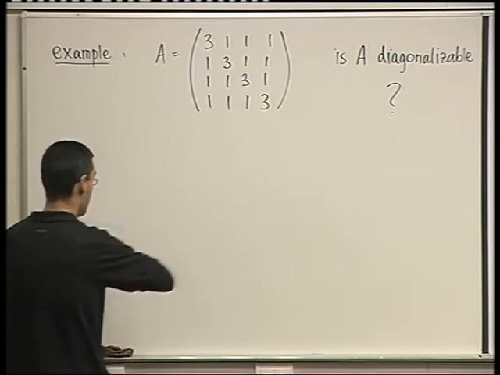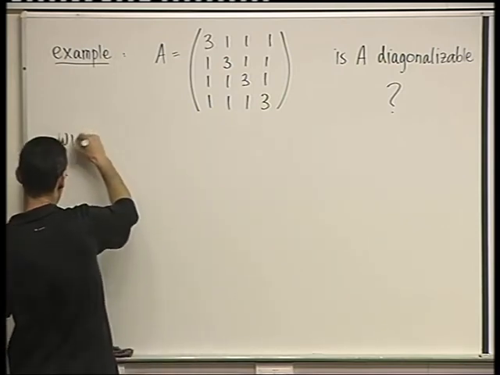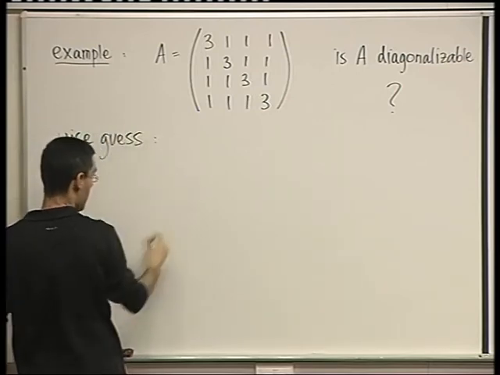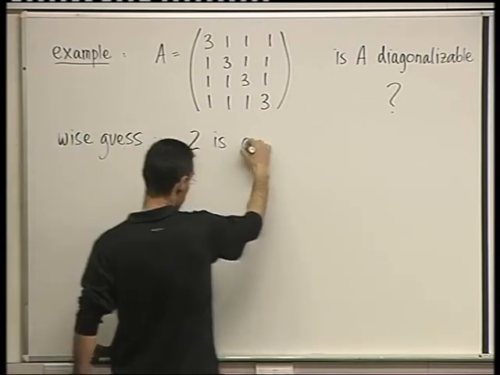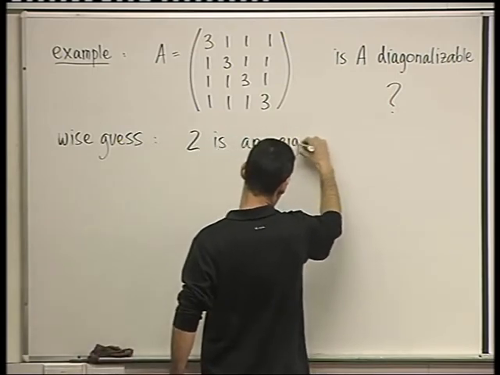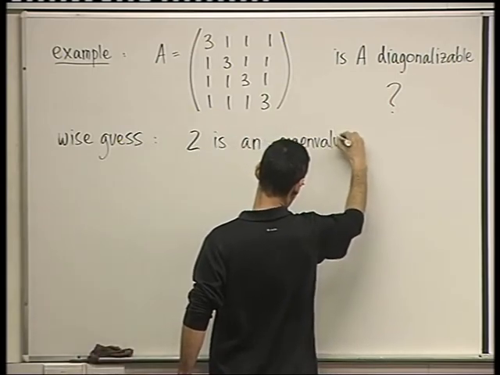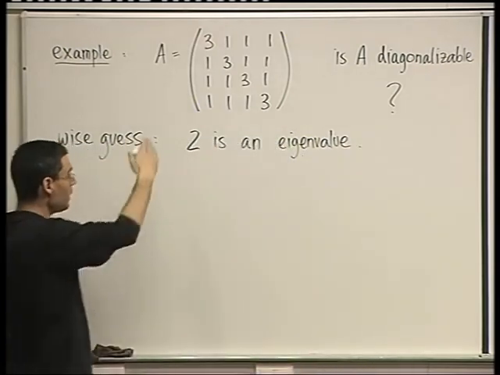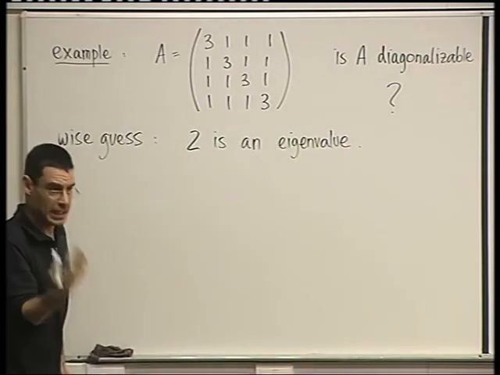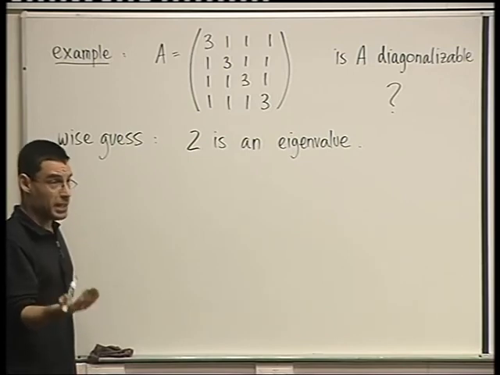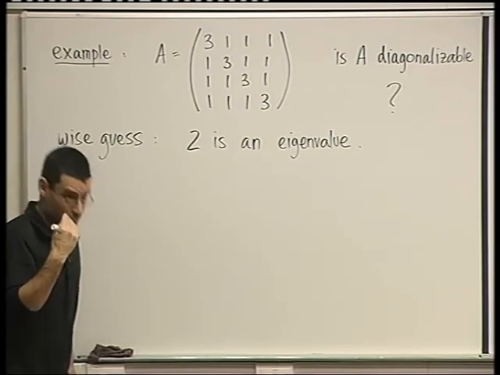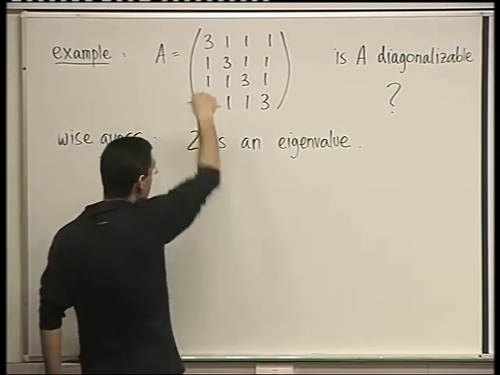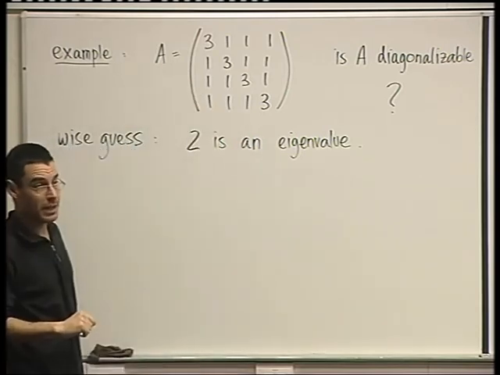Okay, so here's a claim. Wise guess: 2 is an eigenvalue. Why? Because what is an eigenvalue? An eigenvalue is a root of the polynomial, the determinant of A minus alpha I, right?